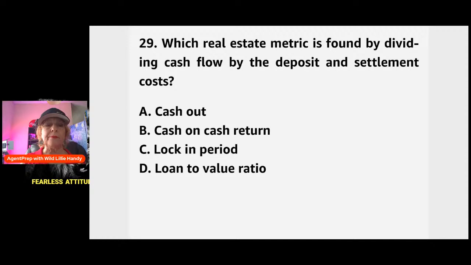So the metric found by dividing cash flow, money going through, by the deposit and settlement, is called cash on cash return.